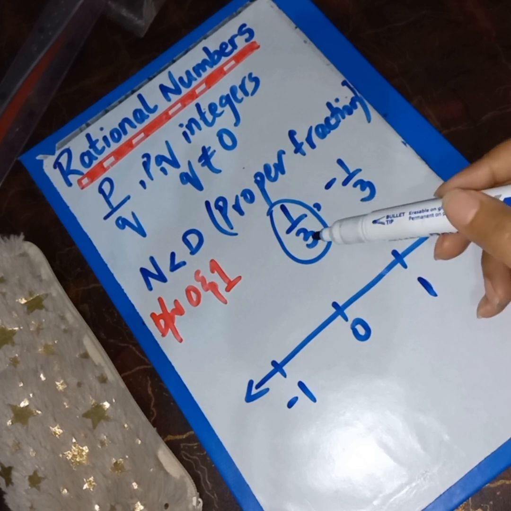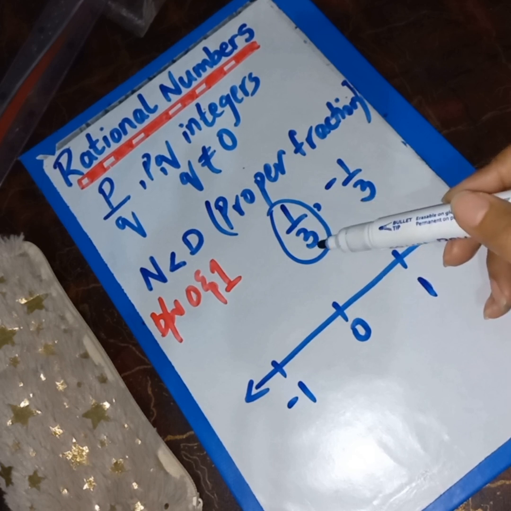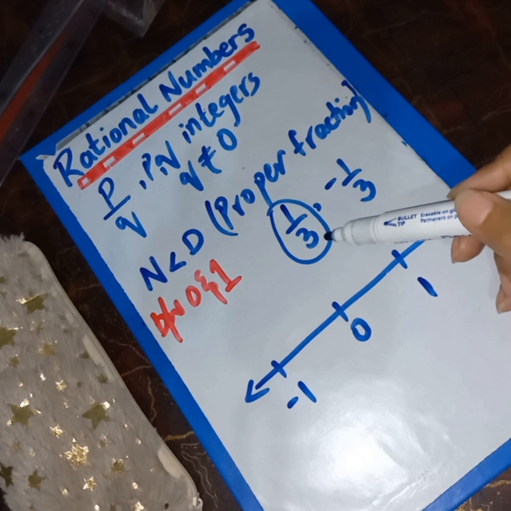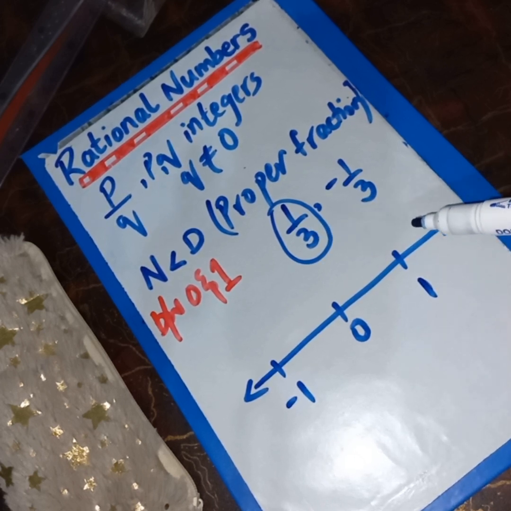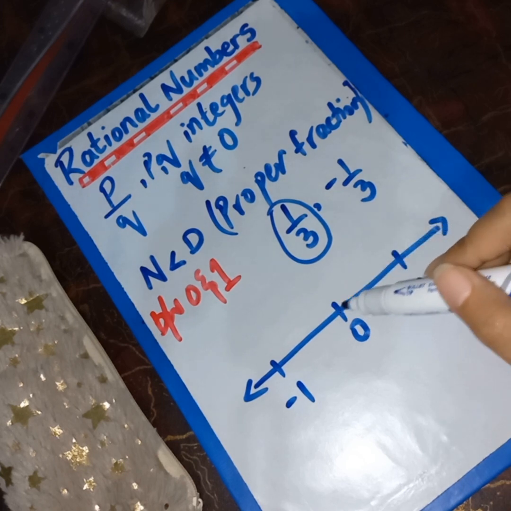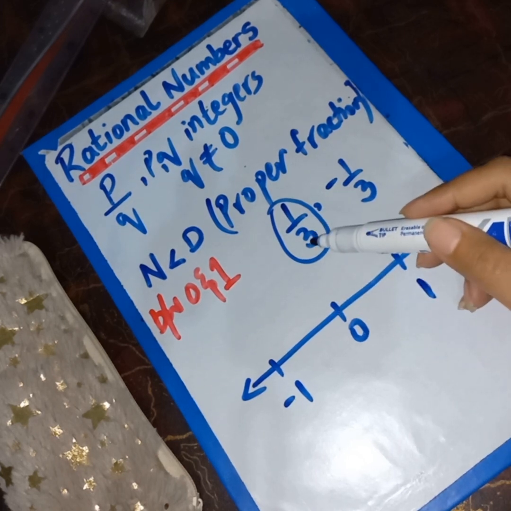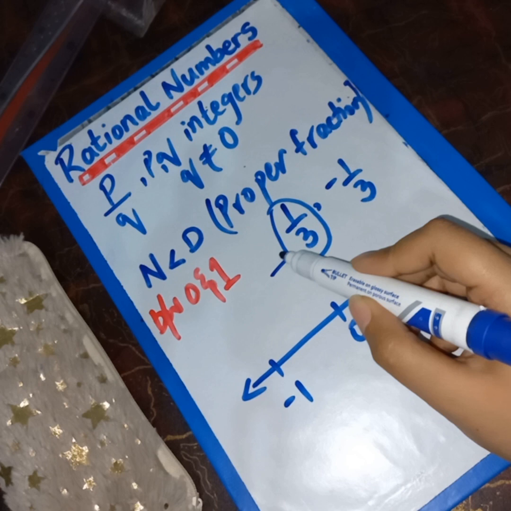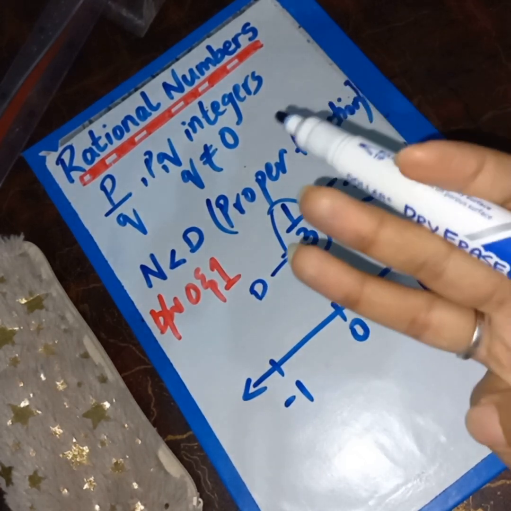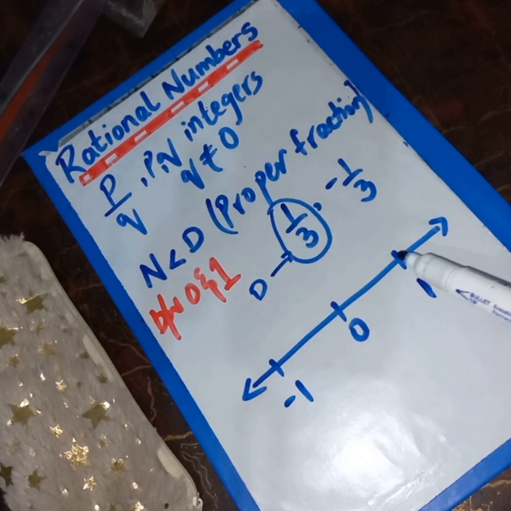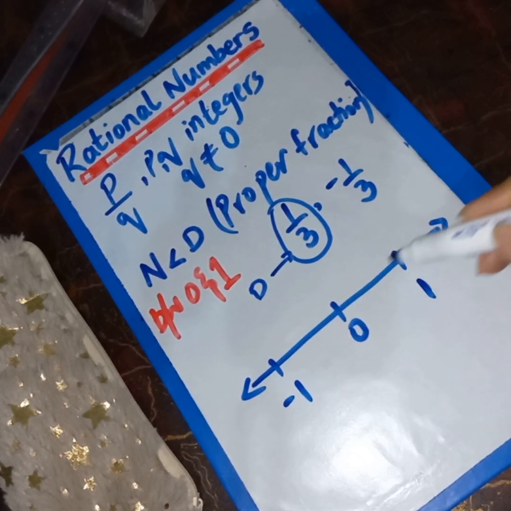First of all, the denominator of any fraction tells you the number of equal parts between 0 and 1. The denominator here is 3, so 3 tells you that there will be three equal parts of 0 and 1. So let's make 3 equal parts of 0 and 1.